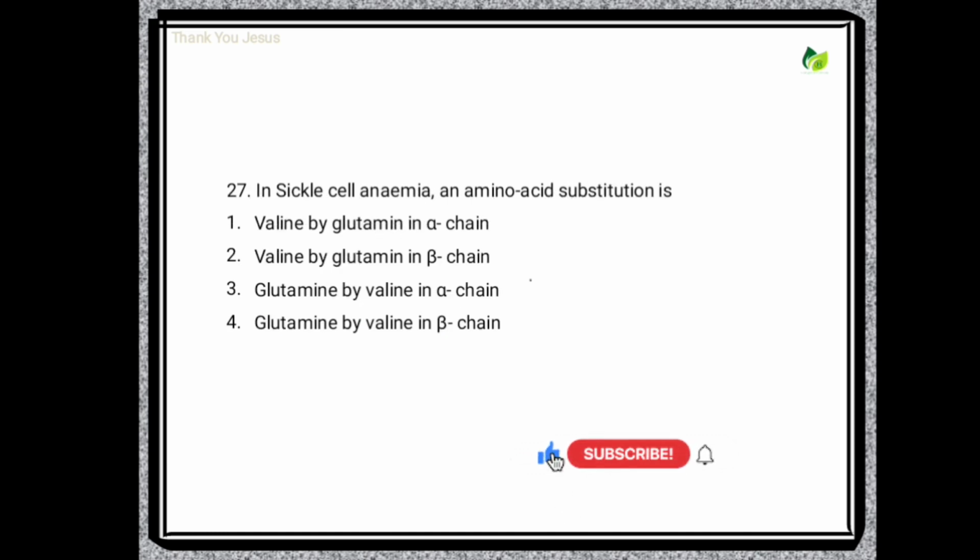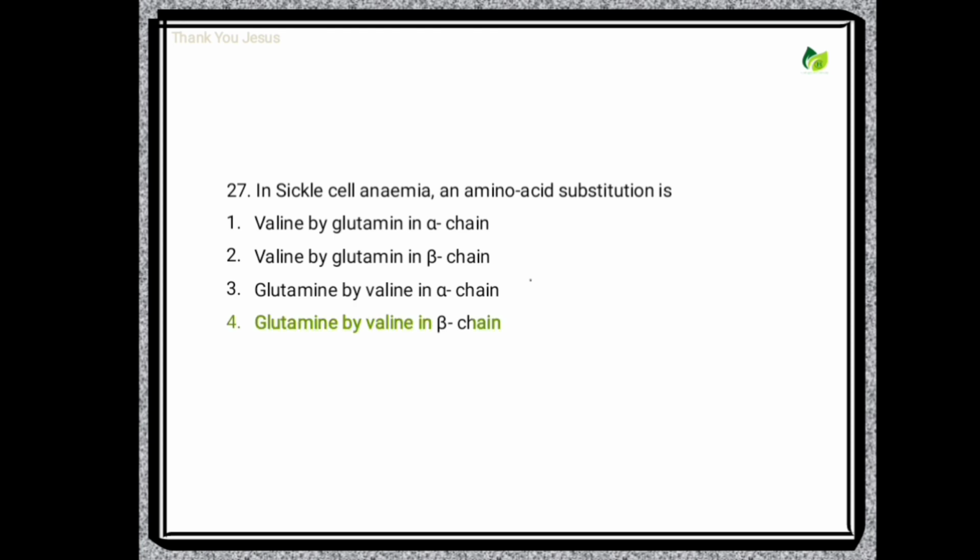In sickle cell anemia, an amino acid substitution is, options are valine by glutamine in alpha chain, valine by glutamine in beta chain, glutamine by valine in alpha chain, glutamine by valine in beta chain. Actually, sickle cell anemia is caused by a single base substitution of glutamic acid by valine at the 6th position of the beta globin chain of the hemoglobin molecule.